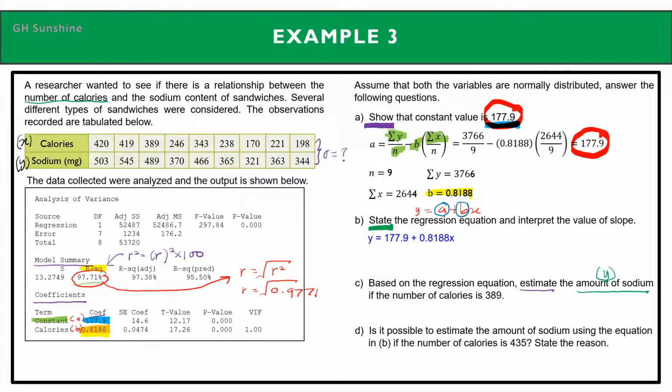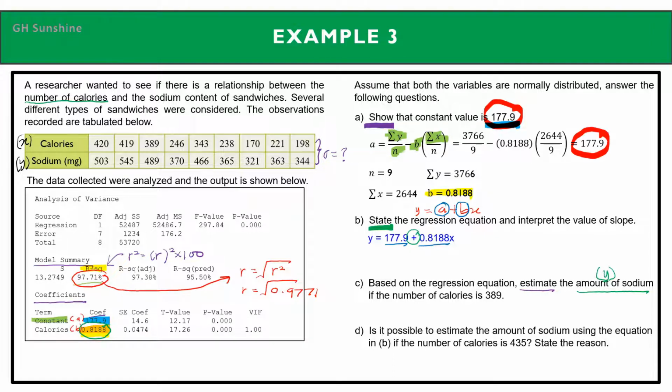Therefore, regression equation y equal to 177.9 plus 0.8188x. So this one plus, based on this output, plus sign or positive value of slope.